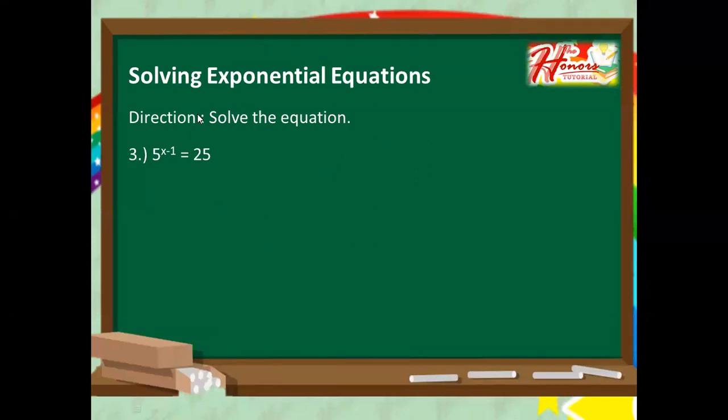Next. So we have here number 3. So we have here 5 raised to x minus 1 equals 25. So don't worry about this. It looks hard or difficult, but it is very easy to solve. Let's say that this is our solution.